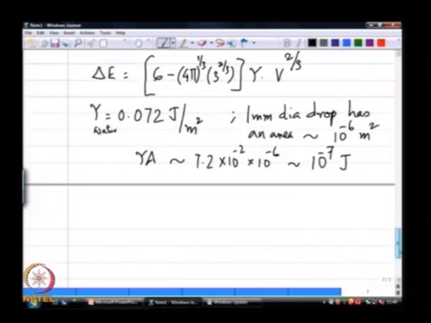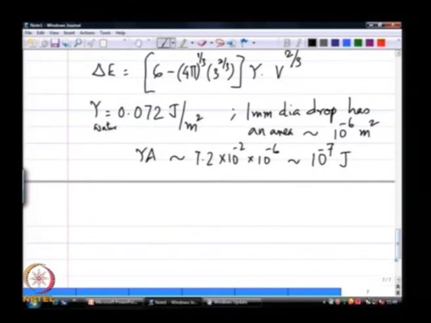Okay. A joule itself is a very small unit of energy. It is like hardly any energy. So, we are talking 10 power minus 7 joules, that is a very tiny amount of energy. Just to give you an idea, if you burn a 40 watt light bulb for 1 second, you have consumed 40 joules of electricity.